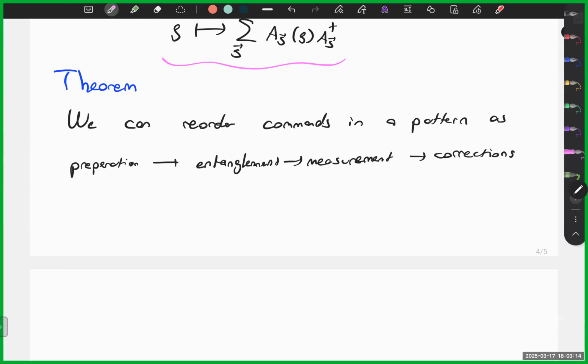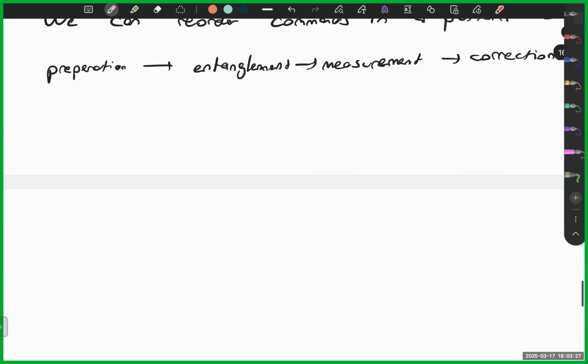So we can always do that by conjugating the operations between them. I will give a sketch proof of it because otherwise it will be a somewhat long discussion.